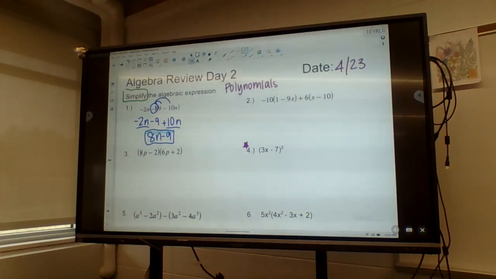Number 2 is 2 sets of distribution. And then again, it just becomes a combine like terms problem. So I distributed that in.